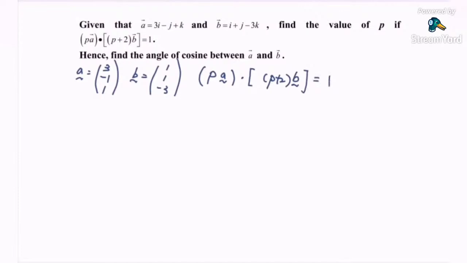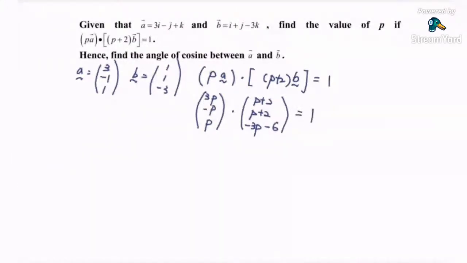So kindly substitute the situation. So where we have 3P, negative P, P dot with the situation where we have P plus 2 multiply with the vector B. So where we will have P plus 2, P plus 2, negative 3P, negative 6 equals to 1.